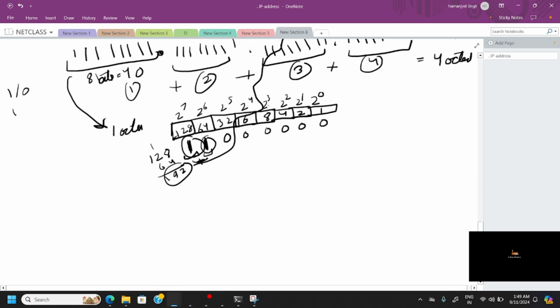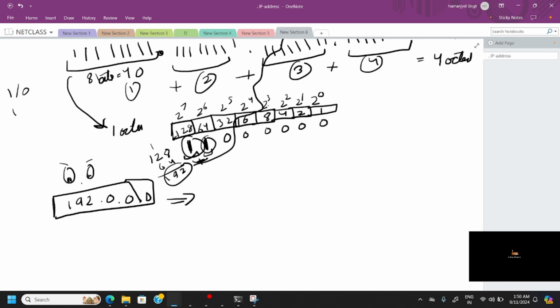So if we are representing 192.0.0.0, this is for our understanding, because our eyes and brains are used to it. We are programmed in such a way that we are good at remembering decimal values.